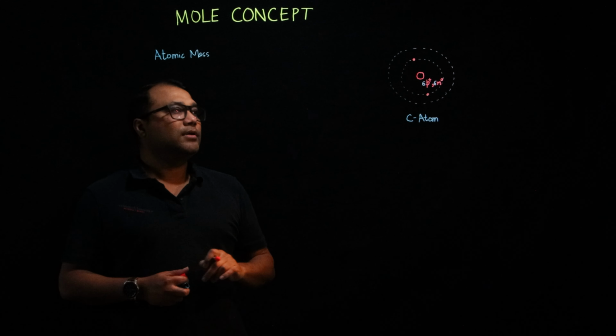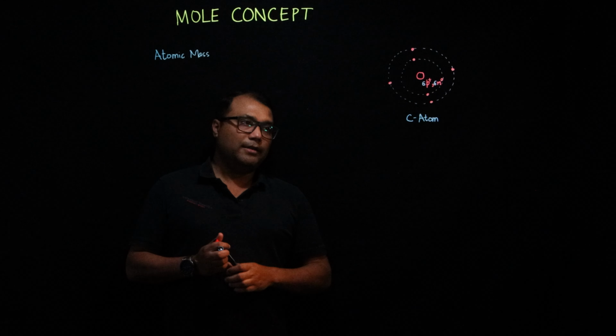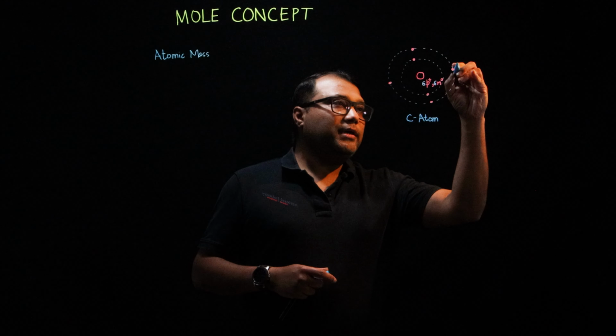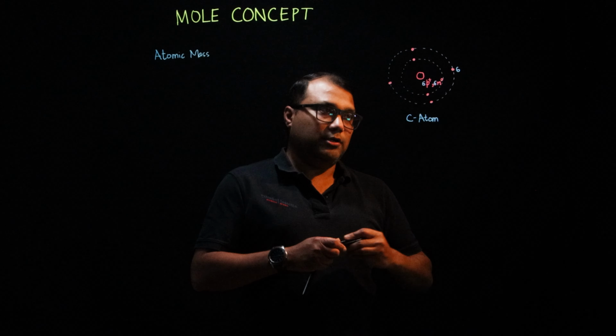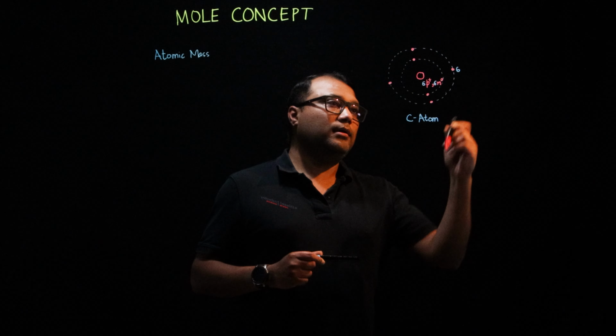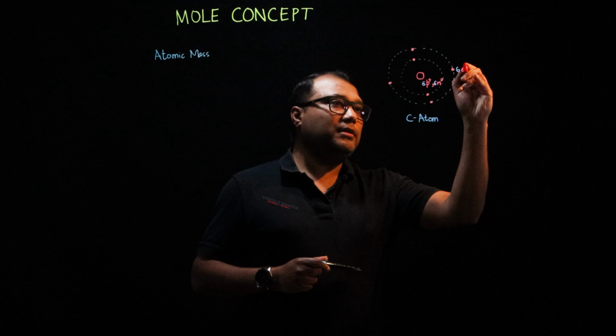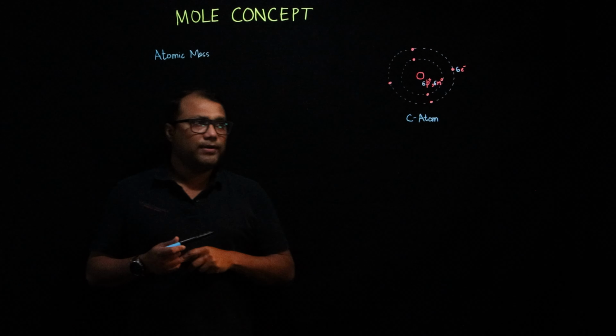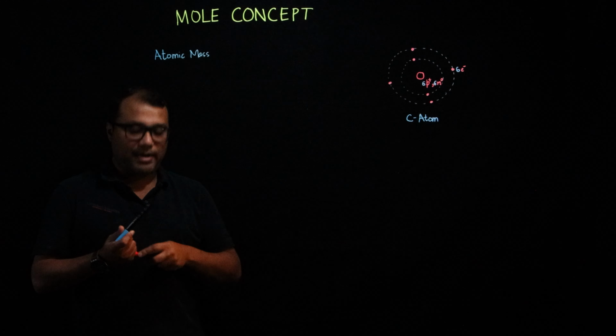This is a very rough model. We'll go over more details about the model of an atom in later classes, but what I want to show here is there are 6 electrons that are orbiting around the nucleus. Now the electrons are negatively charged particles. So roughly this is what a carbon atom is comprised of.